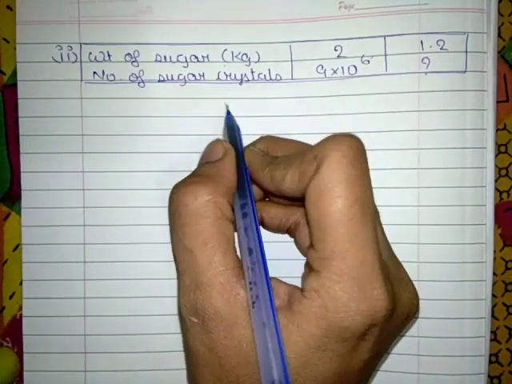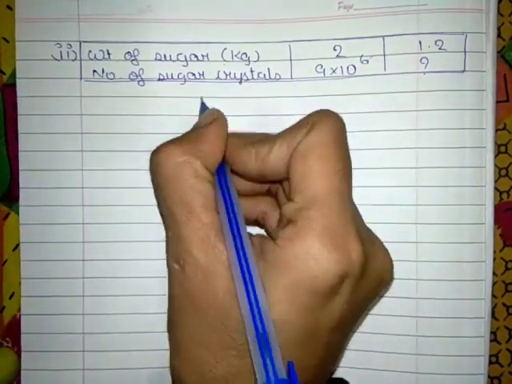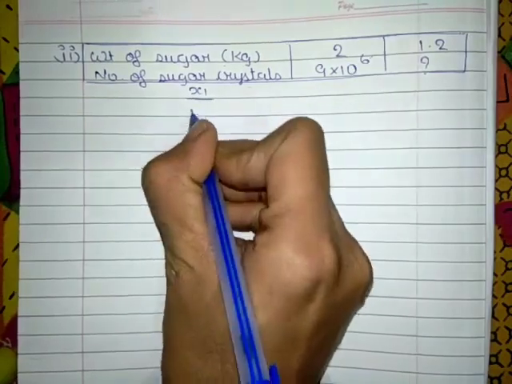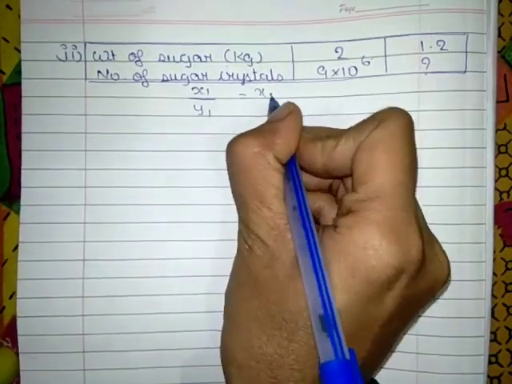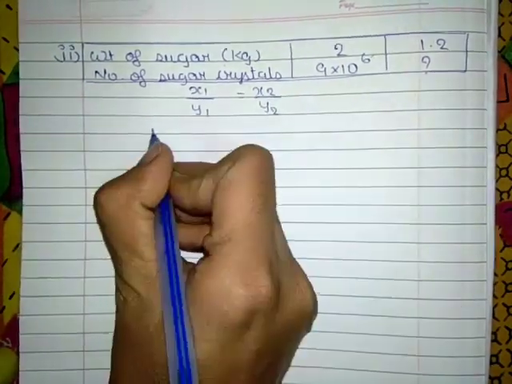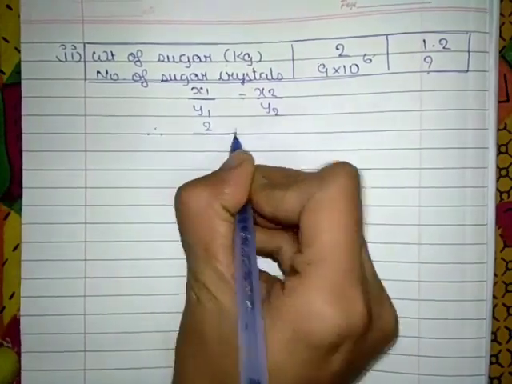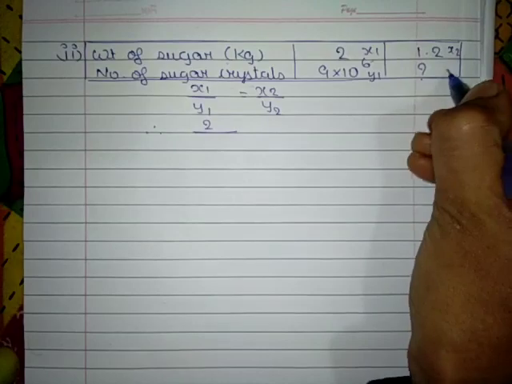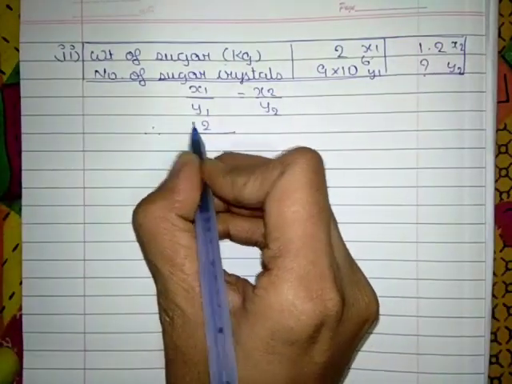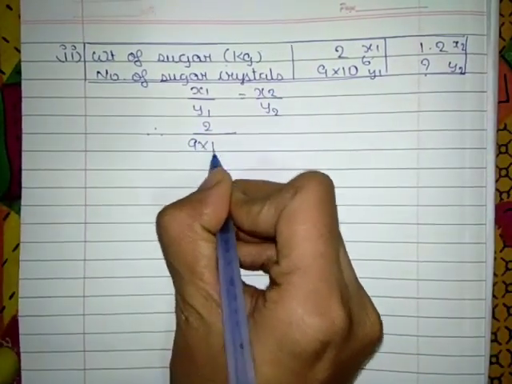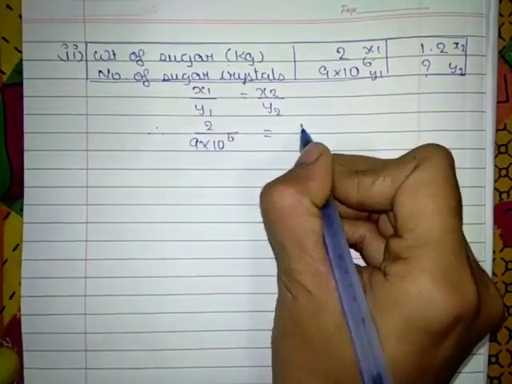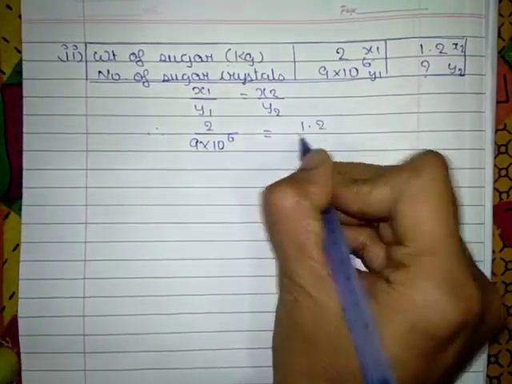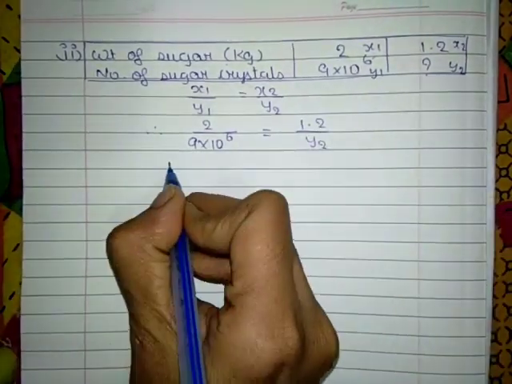So this is directly proportional, so we will use the x1 by y1 is equal to x2 by y2 formula. Therefore x1 is 2, y1 is 9 multiplied by 10 raised to 6, equal to x2, which is 1.2, and y2 we have to find out, that is the number of crystals.